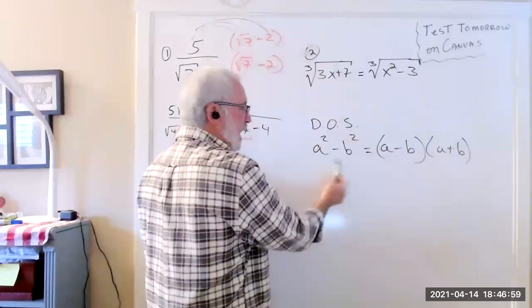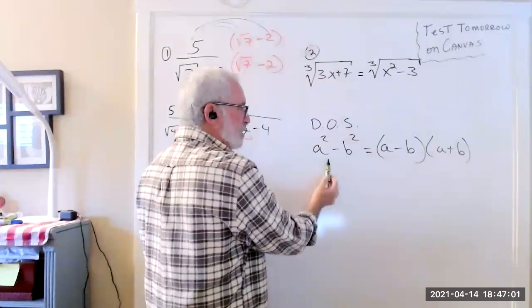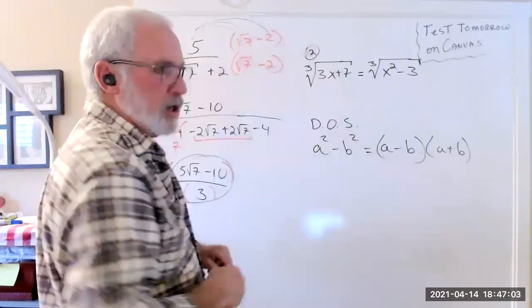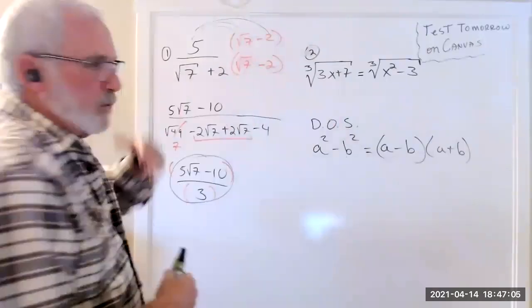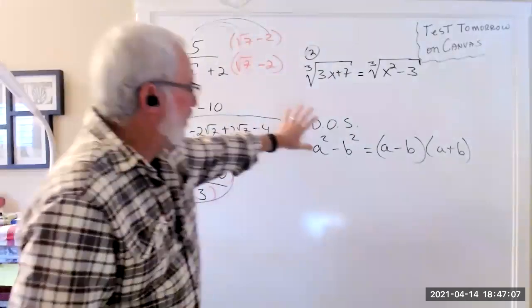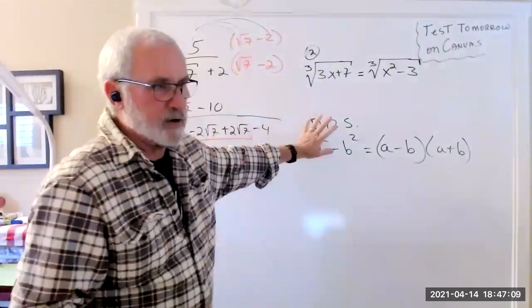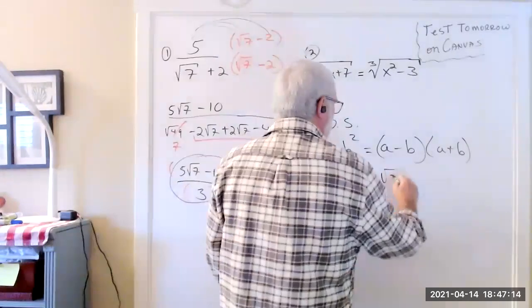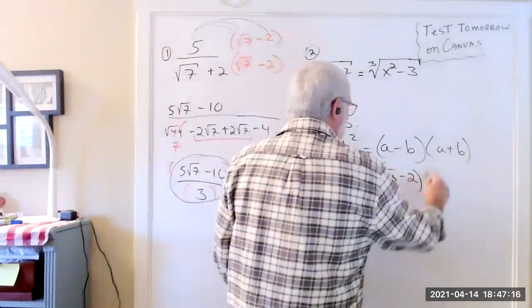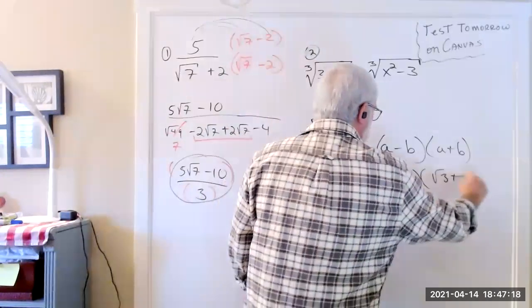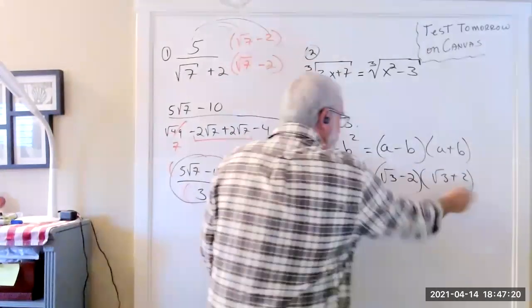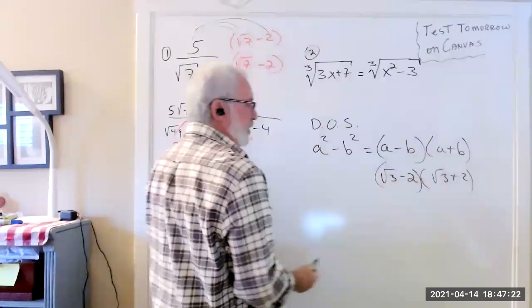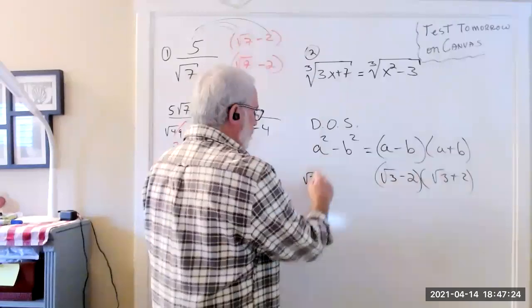So what you're doing without realizing it is a variation of difference of squares factoring in reverse. So if you had, I don't know, square root of 3 minus 2 times square root of 3 plus 2, then because this is the difference of squares pattern, this will be the square root of 3 squared minus 2 squared.